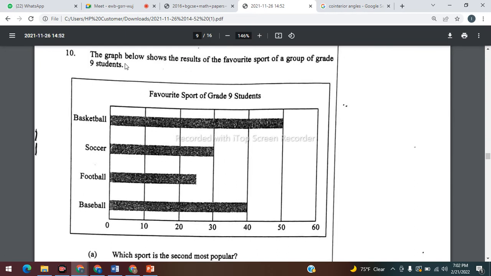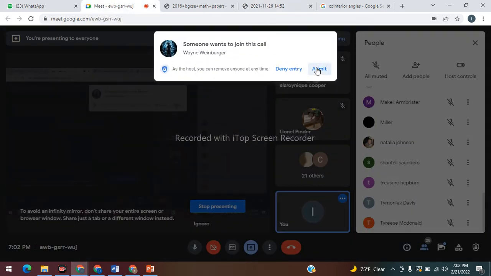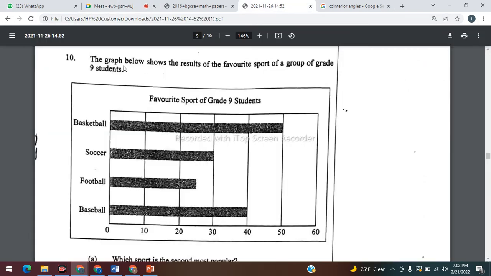Oh, let's read the above, that's important. The graph below shows the results of the favorite sport of a group of grade 9 students. Someone's asking to join. So how many grade 9 students like basketball?